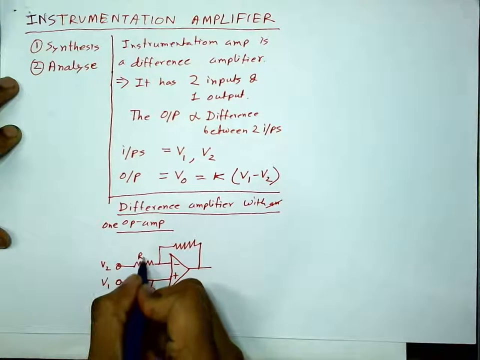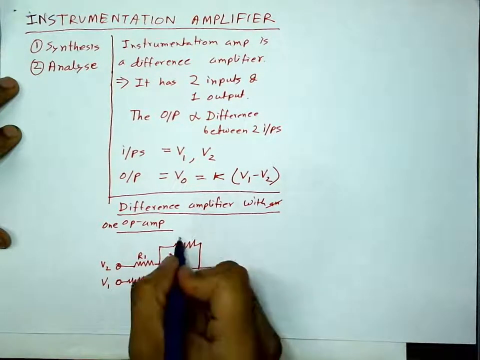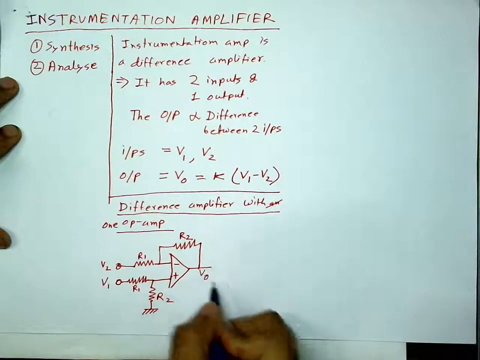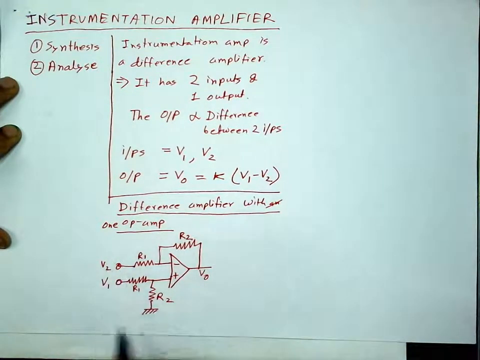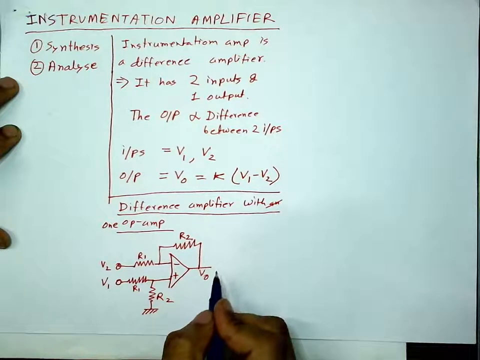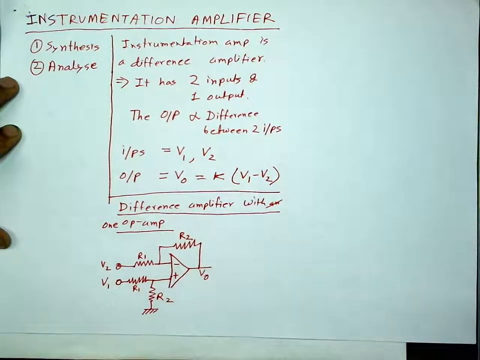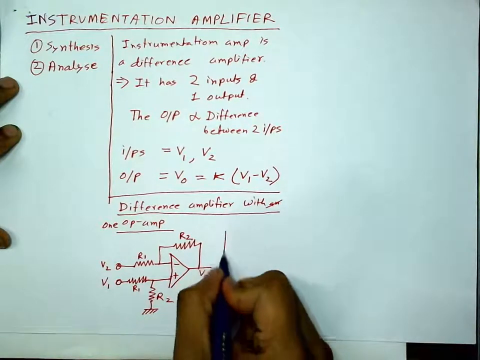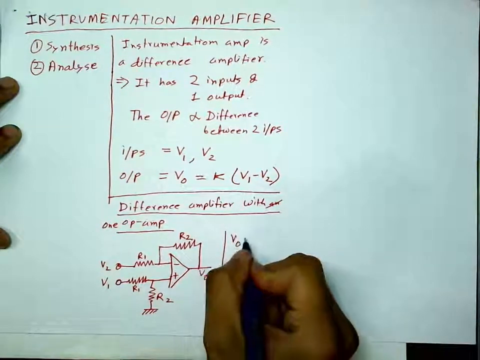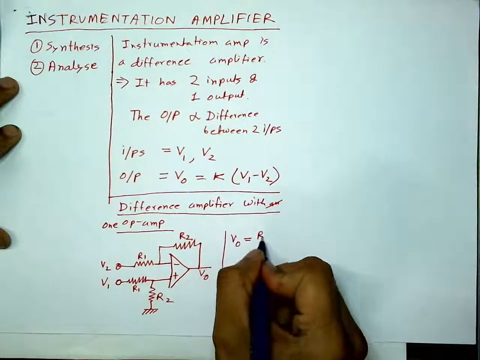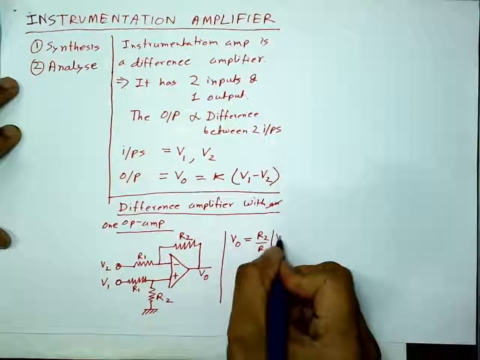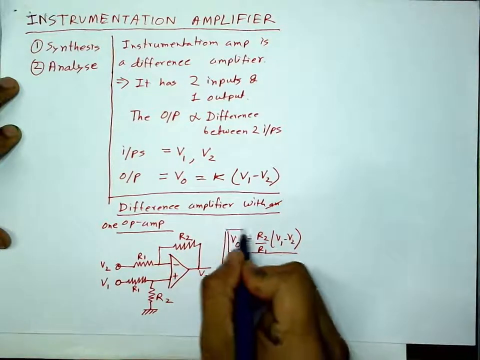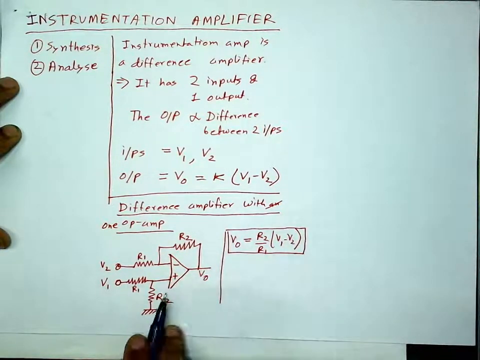This resistance is taken to be same as R1 and this resistance is taken to be same as R2. This is the output VO. This circuit I'm not going to analyze now. You can find the analysis in other videos. Here the output VO becomes equal to R2 by R1 times V1 minus V2. This is true for this circuit.